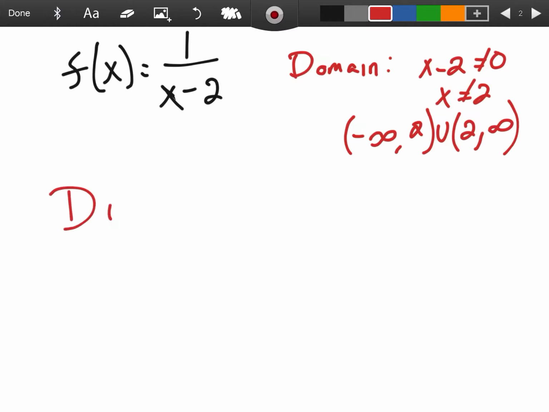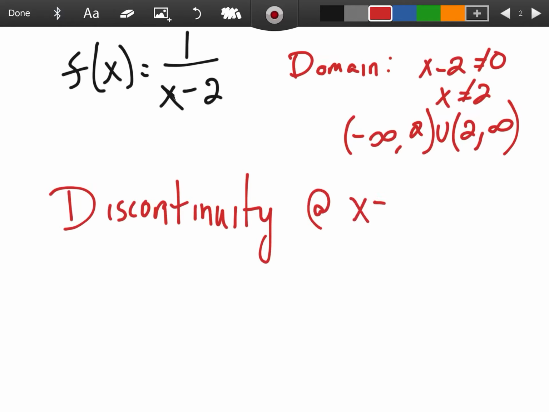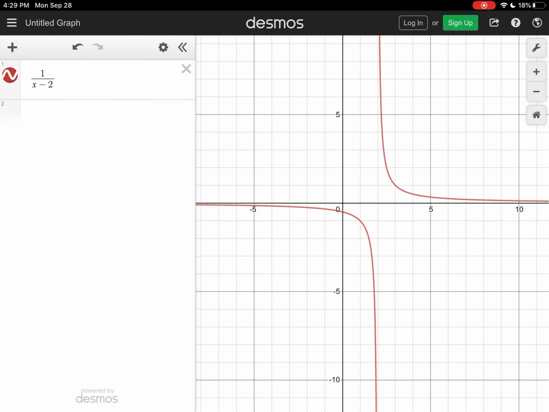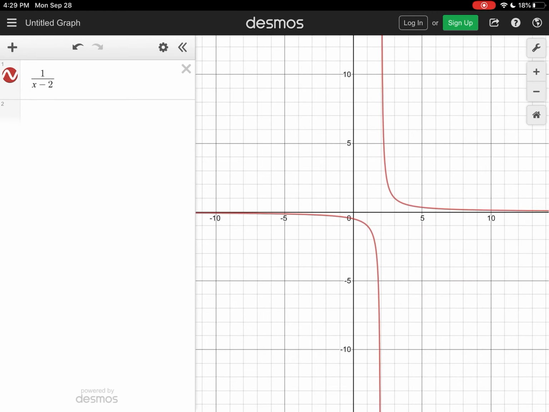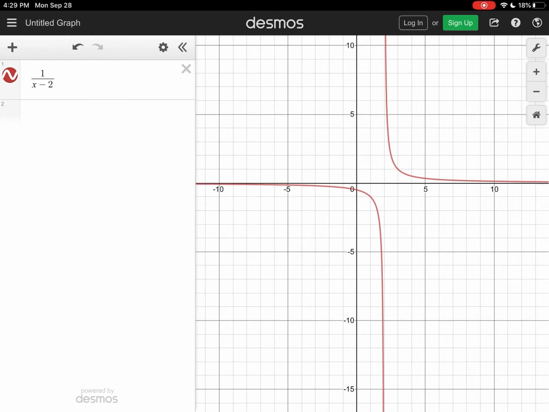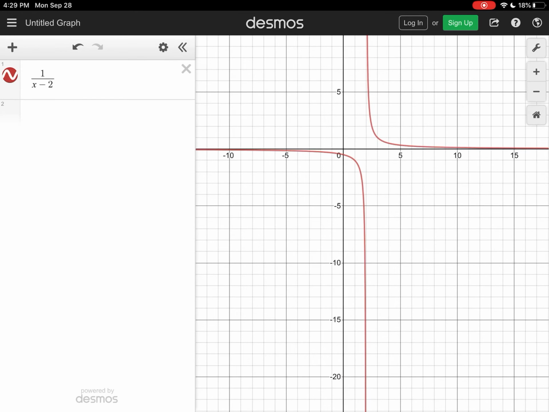So there will be a discontinuity at x equals 2. And now the question is, well, what kind of discontinuity is going to occur at x equals 2? So let's just take a look at the graph of f of x. So here you can see on Desmos, I've just graphed 1 over x minus 2. And looking, we can clearly see that at x equals 2, we have some sort of infinite discontinuity.